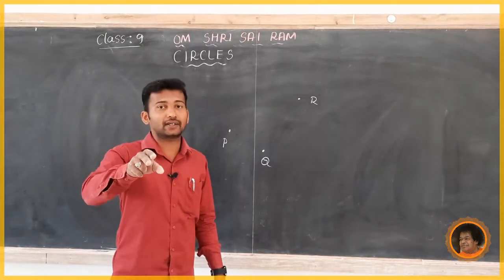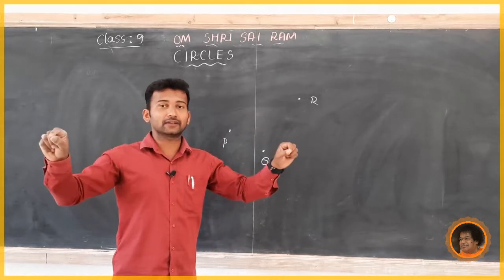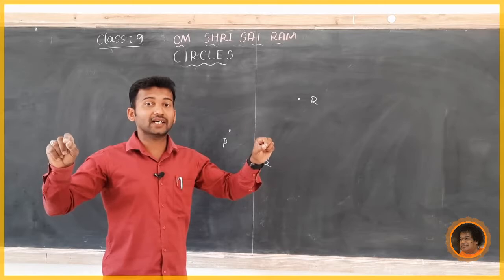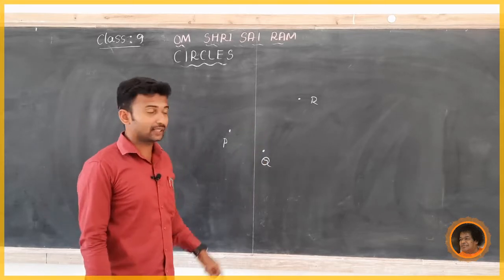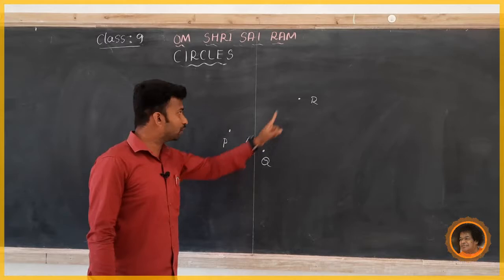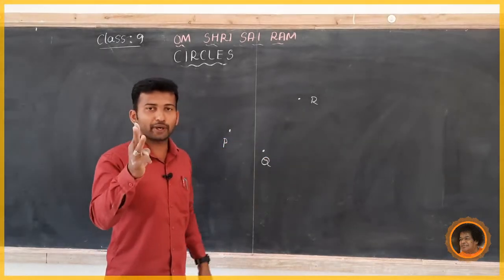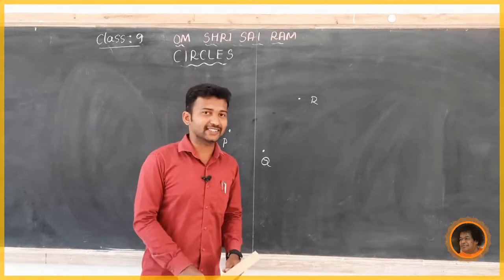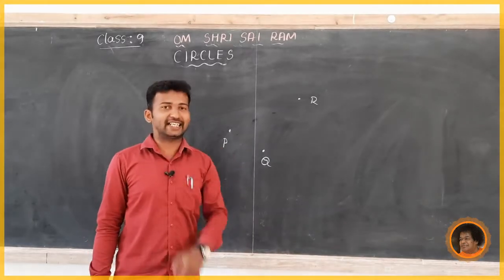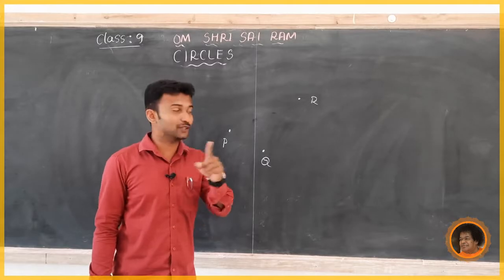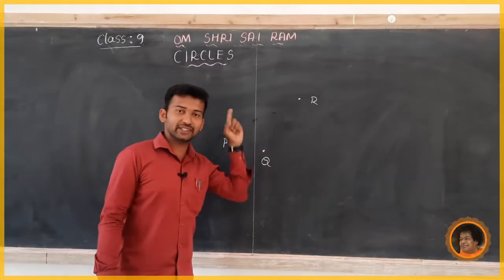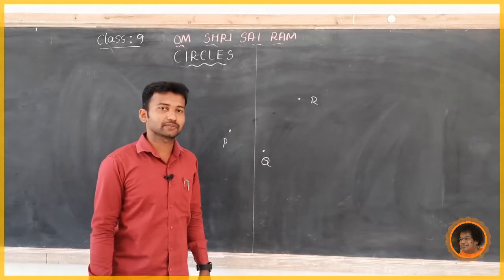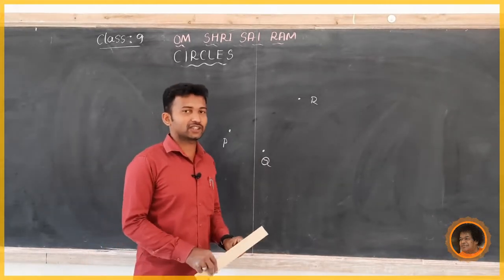If three points lie on a line, we say they are collinear. Now the question is, can you draw a circle which passes through these three non-collinear points? Is it possible? Yes, let us check.